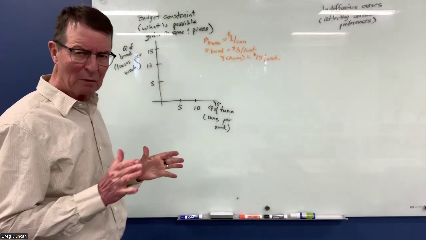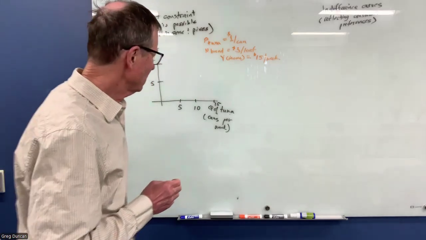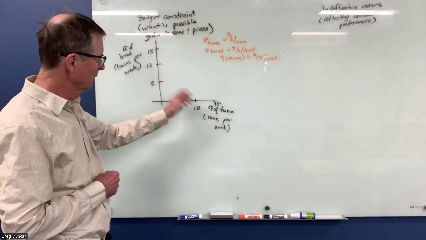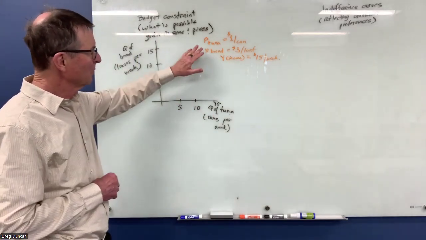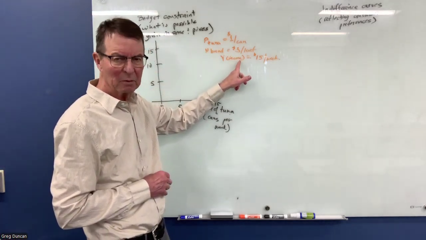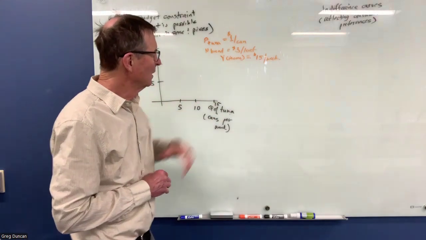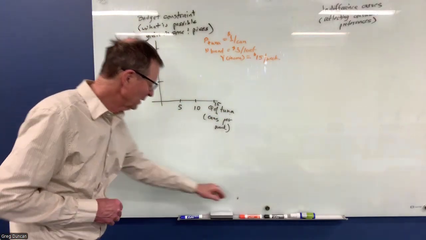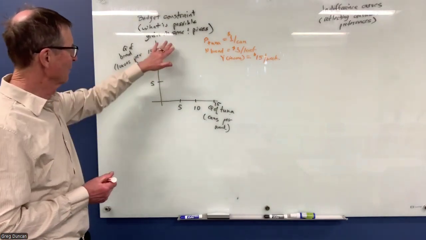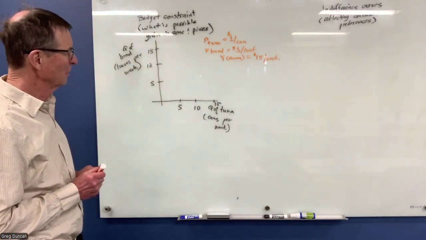All right, so let's start with the budget constraint with bread and tuna. Let's say the price for tuna is $1 a can. The price for bread is $3 a loaf, and we have $15 a week. So budget constraints are all about what's possible given income and prices.